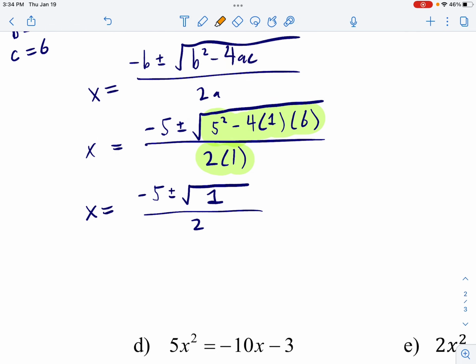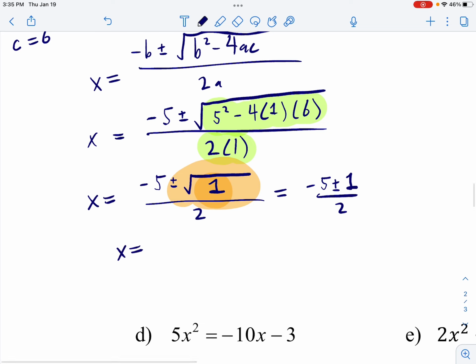All right, next step, so crunch the numbers in green. The next step, just simplify this square root. And here it's trivial, okay? The square root of 1 is 1, okay? If you don't know that, just know that it's 1. All right, so there's our two solutions. So one solution, all right, we're going to split up that plus minus sign here. One solution is negative 5 plus 1 all over 2.